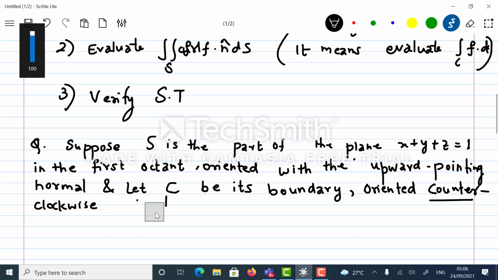Counterclockwise when viewed from above.